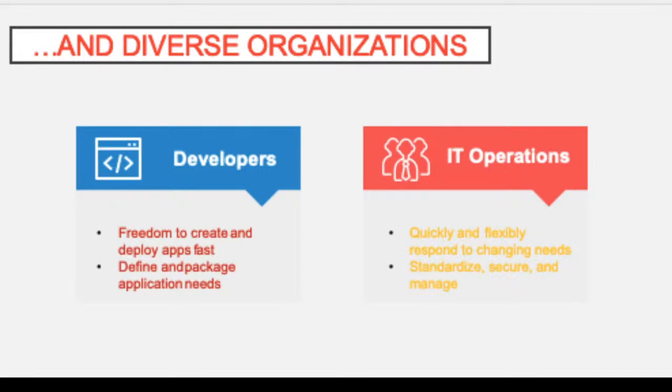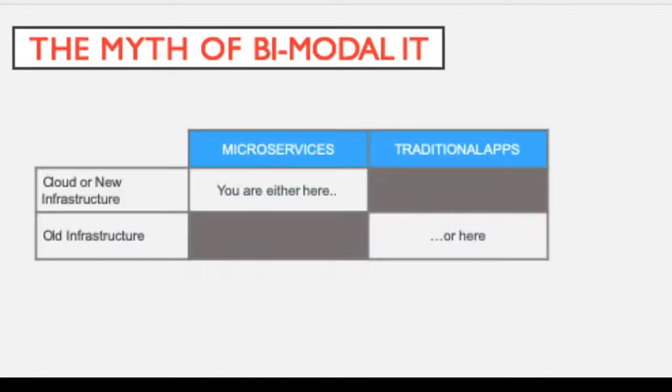When you look at diverse organizations, again, there is a lot of diversity among developers and the IT operations team. Now we would like to solve this problem and try to bridge the gap. We will see how you could do that.